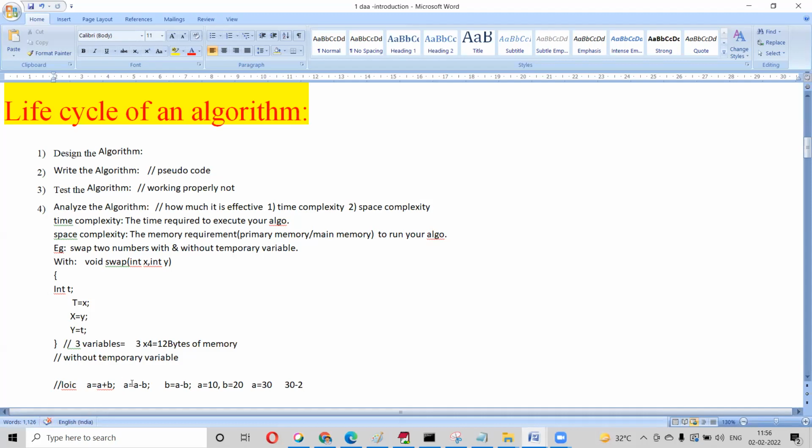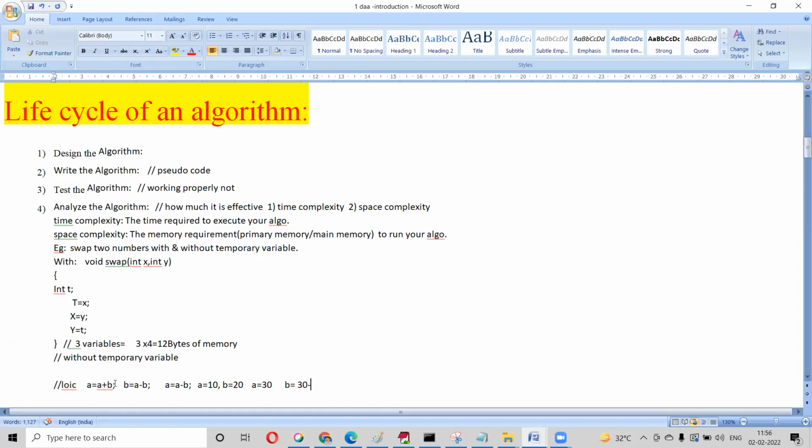Now A is equal to A plus B, we did. So B is equal to A minus B. A is 30 minus B, what is B value? 20.